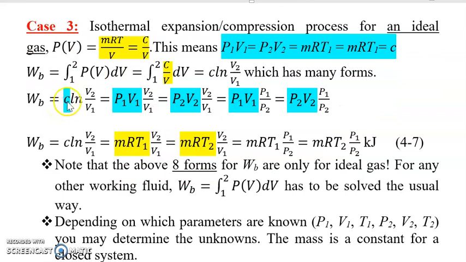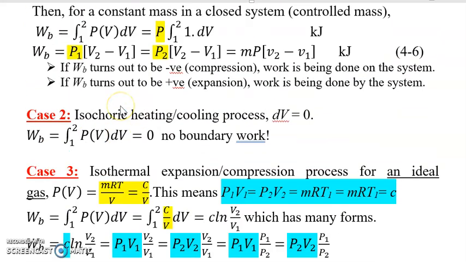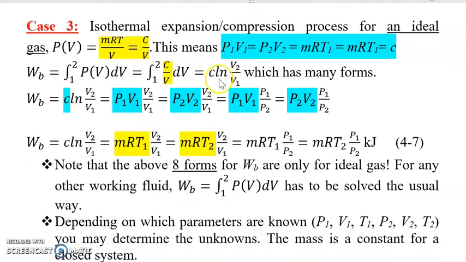Case 3, we have isothermal expansion or compression process for an ideal gas. This is only applicable for ideal gas. Now, case 1 and case 2 are applicable for any kind of fluid, vapor, gas, etc. For case 3, you utilize the ideal gas equation of state, which means that P1 V1 is equal to P2 V2, which is equal to mRT1, which is equal to mRT2 actually here, which is equal to a constant.